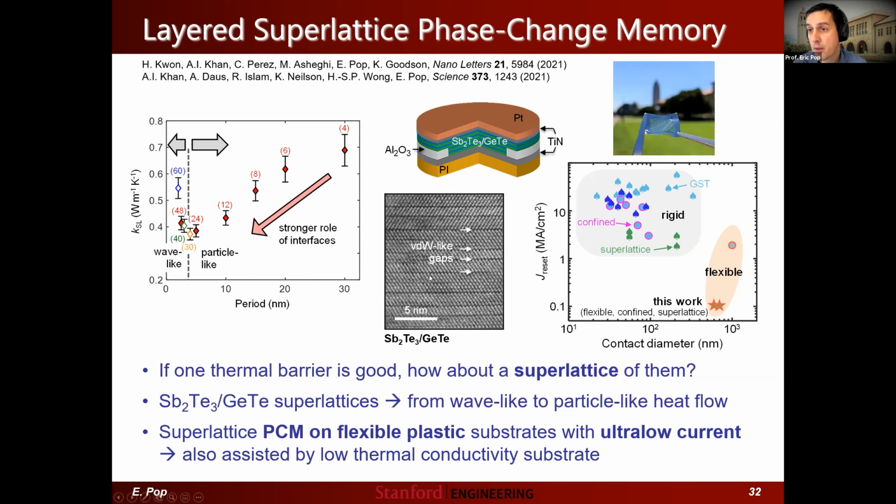But it's entirely done by thermal engineering, essentially, by superlattice thermal engineering, and then even bringing in a very, very poor thermal conductor as a substrate to limit any kind of heat spreading when the device switches. So in some cases, having bad thermal conductors is actually good. Again, the spirit of making lemonade out of lemons.